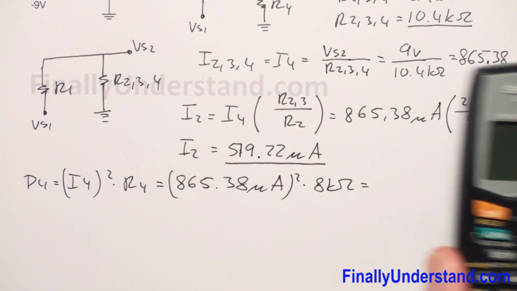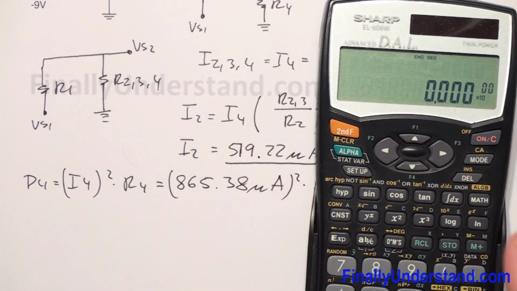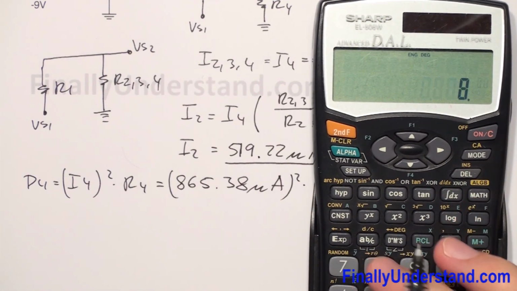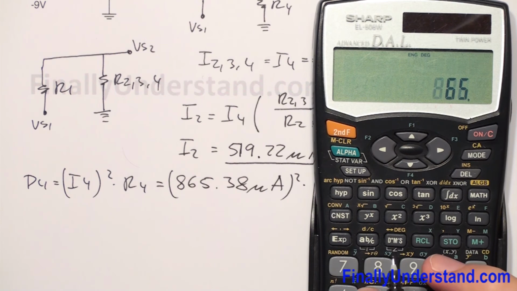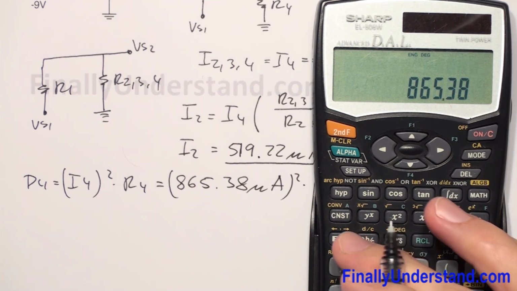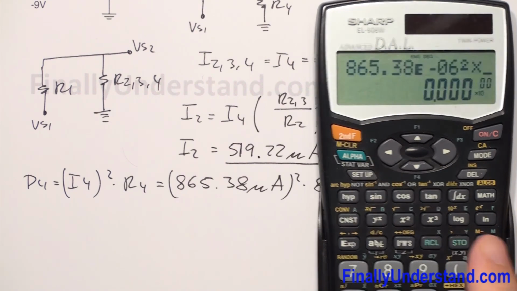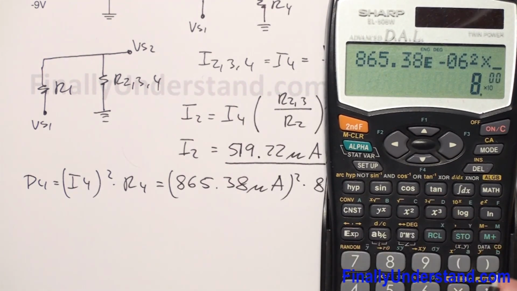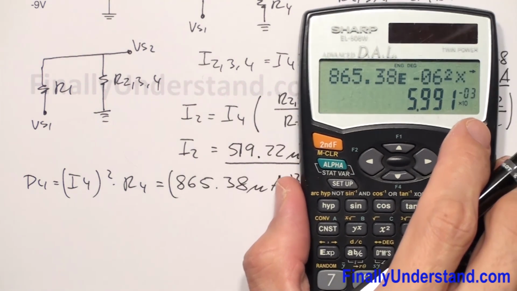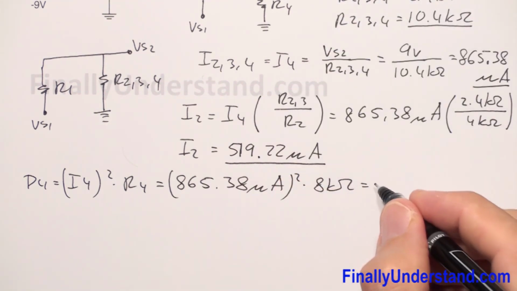So this is equal to 865.38 times 10 to the negative 6 to the second power times 8 times 10 to the 3, which equals approximately 6 milliwatts.